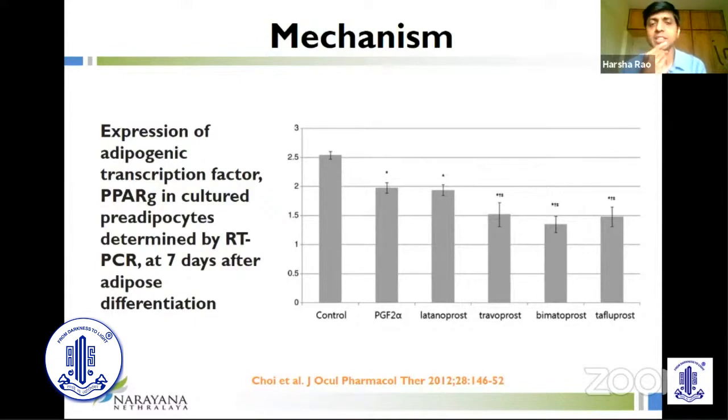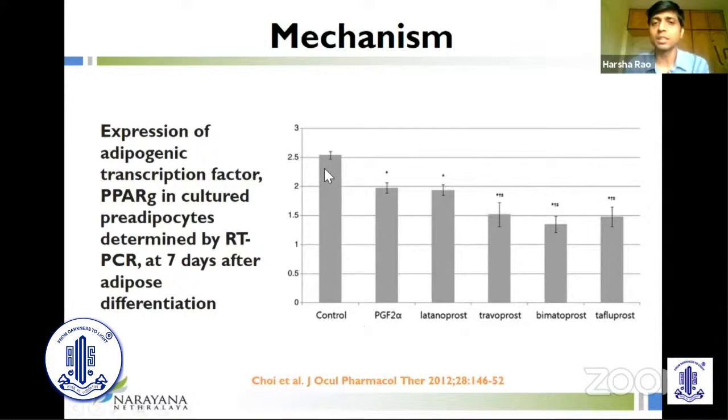Here, in an interesting study, the transcription factors which were responsible for adipogenesis were studied, and the effect of multiple prostaglandin analogs on the expression of these transcription factors was analyzed. And what was found was that bimatoprost and travoprost reduce the expression levels of these adipogenic transcription factors.